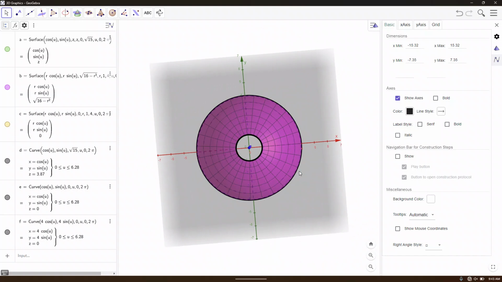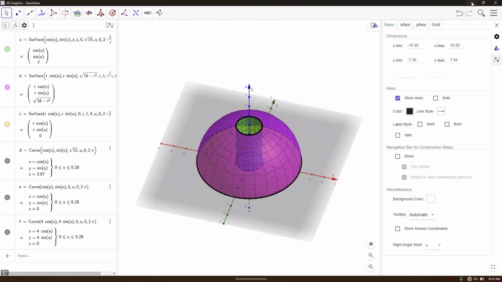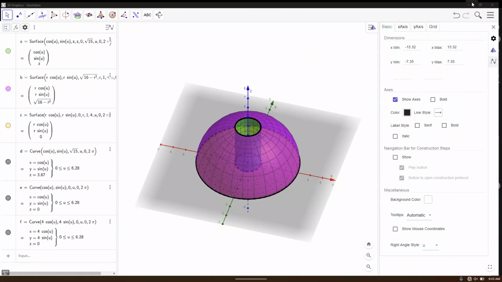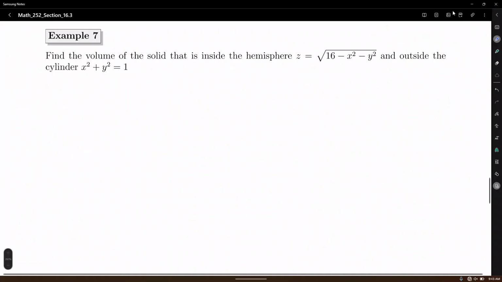Let's see. So we're going from radius, what is it? It's hard to read, but it's 1, 2, 3, 4, from 1 to 4. That's going to make our job a lot easier rather than going in the xy direction. For this one, I'm going to skip the domain in the xy direction, but actually it's not that hard.